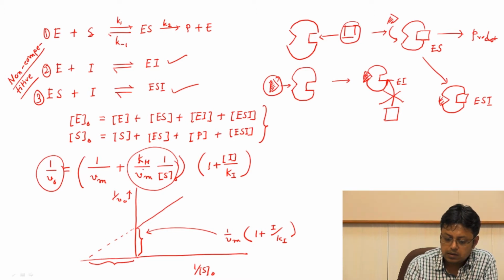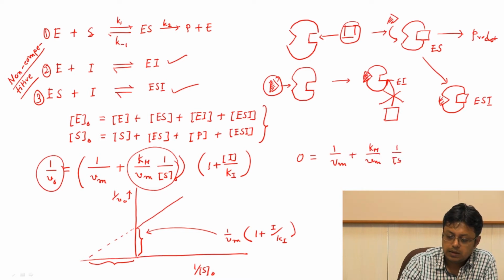So 0 is 1 over Vm plus Km by Vm into 1 over S0 into something, but that something also gets cancelled because it's 0 on your left. So I'll have this one. So if I just arrange, this will be nothing but minus 1 over Km.